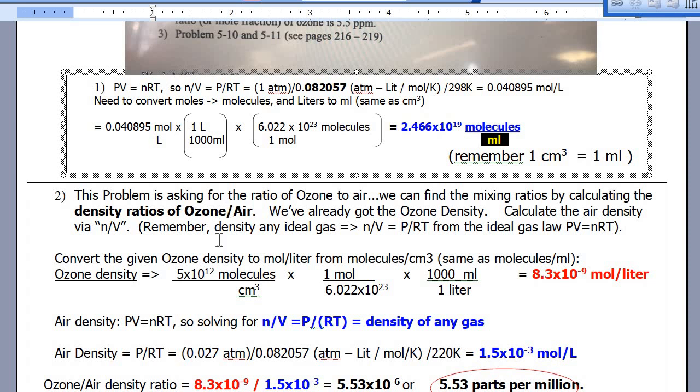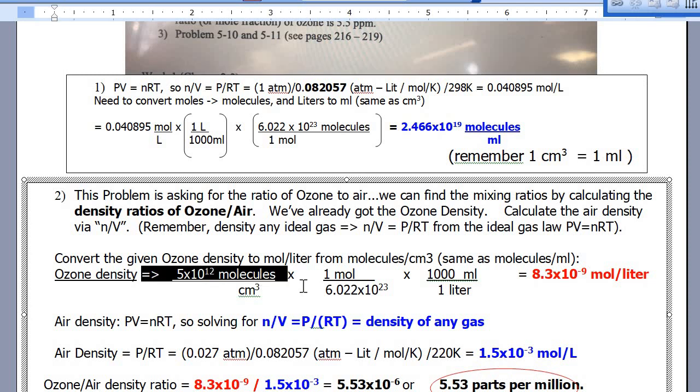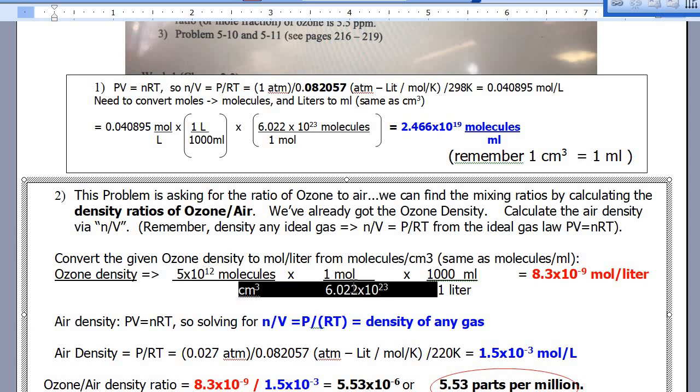We've got the density of ozone, they give us that. Let's convert it to our favorite, moles per liter. So the ozone density is 5 times 10 to the 12th molecules per centimeter cubed. Divide by Avogadro's number: in 6.022 times 10 to the 23rd molecules you have 1 mole.